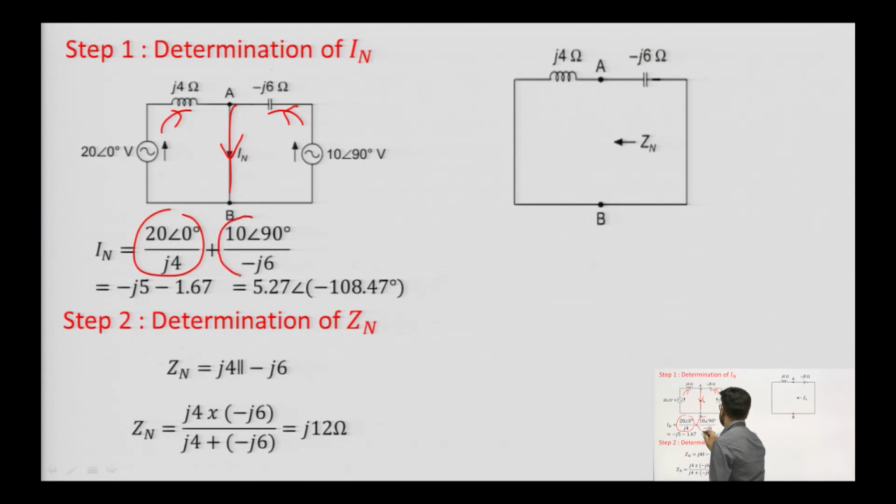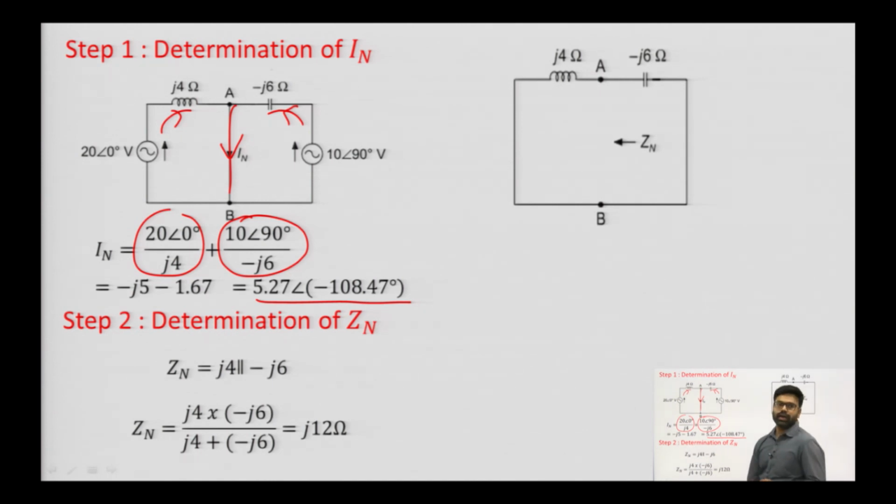So, it will be equal to 10 at an angle of 90 divided by minus j6. So, we will get the value as 5.27 at an angle of minus 108.47 degree ampere. So, this will be the current IN.